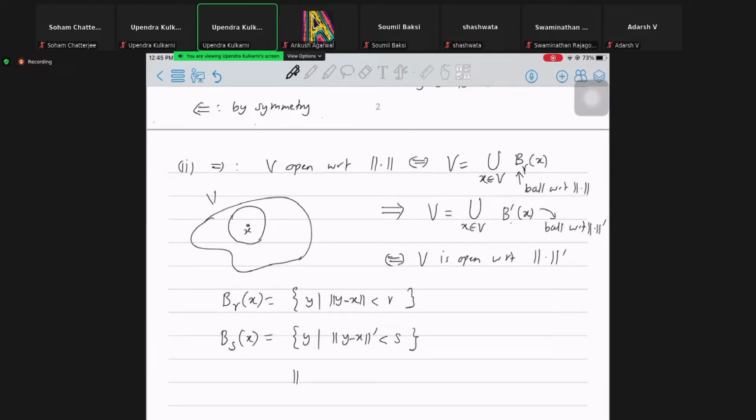What I have is that for any v, let's not use x, for any v, what do I have? So these things together, what do they tell me about balls? Think about it for a moment.